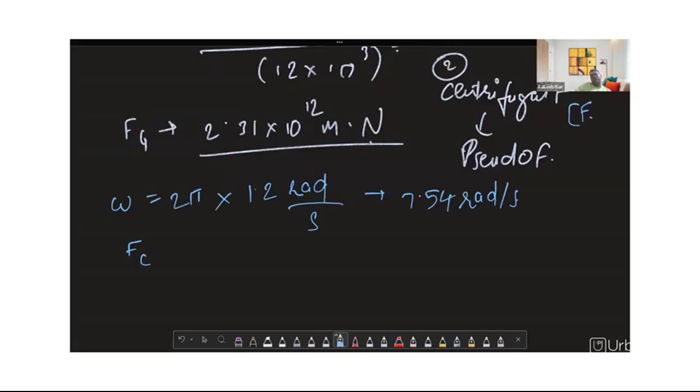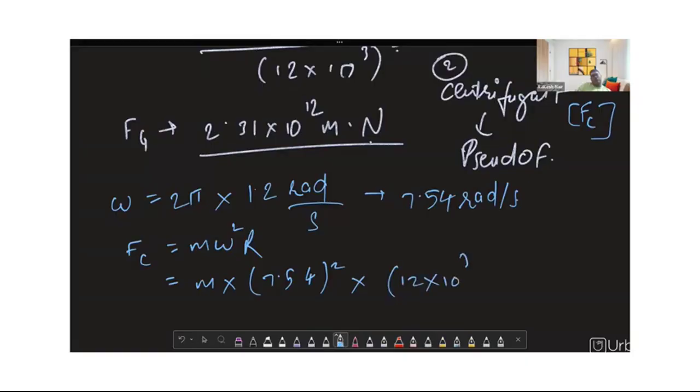Now what will be the centrifugal force? I'm denoting it as Fc. The formula, which was seen in our above-mentioned derivation when I was explaining, is m omega squared r. Substituting m into 7.54 and the square of it times radius 12 into 10 raised to power 3.